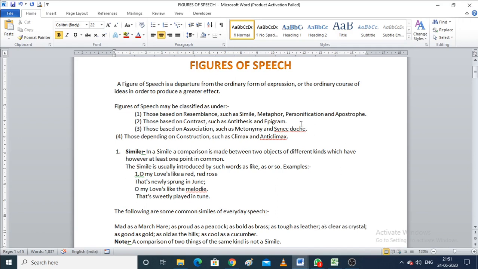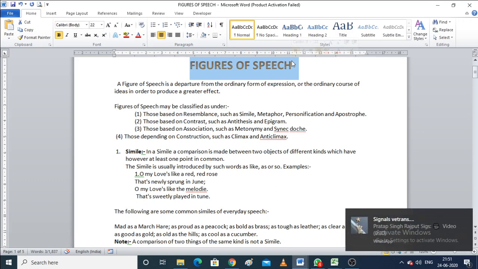So the topic for today is a very different topic, which is used in literature, not in English grammar but in literature. Now, what is it? Figure of speech. Figure of speech are present in poems.